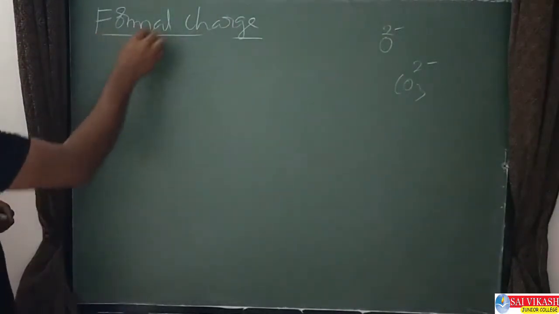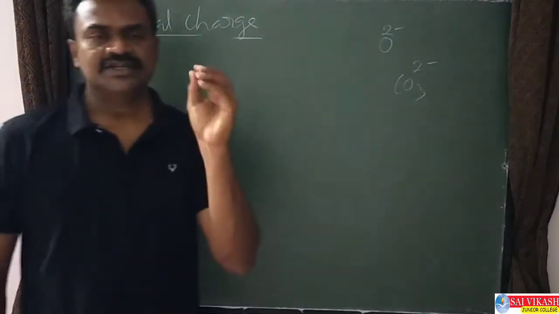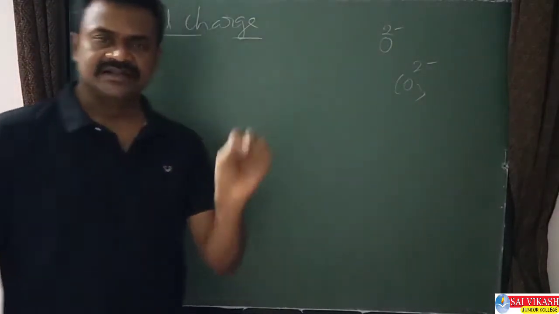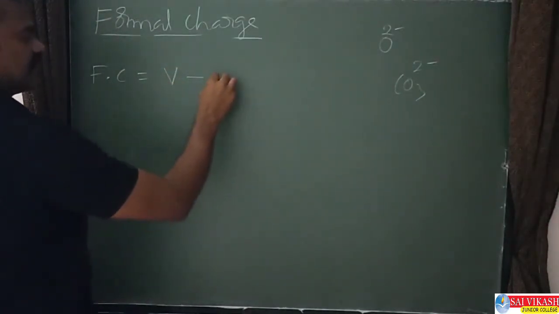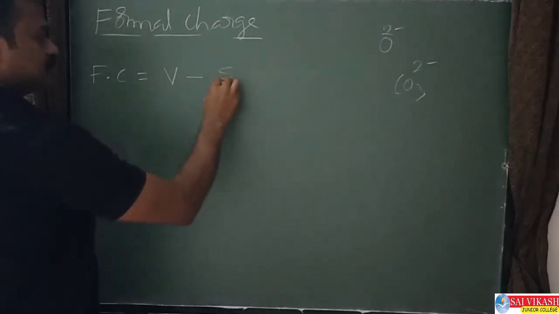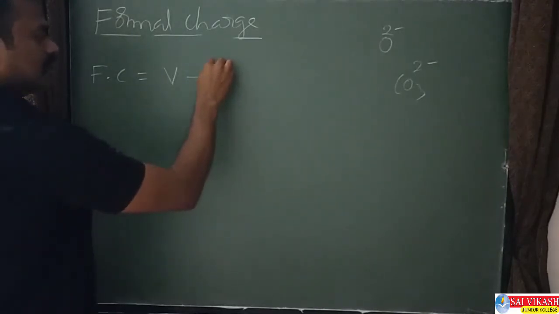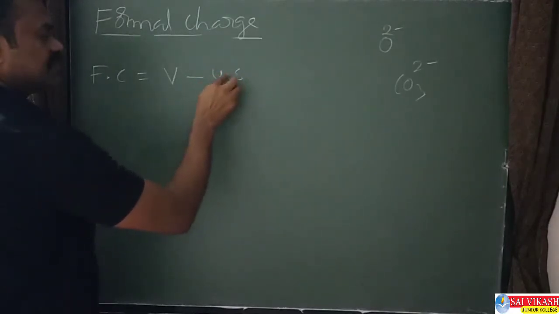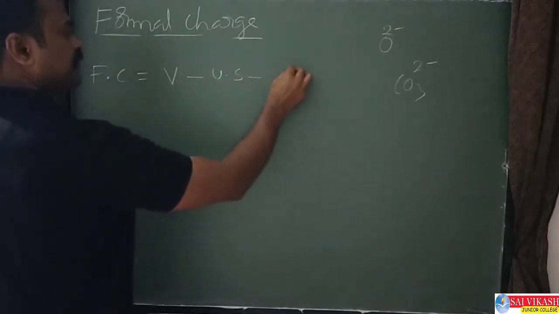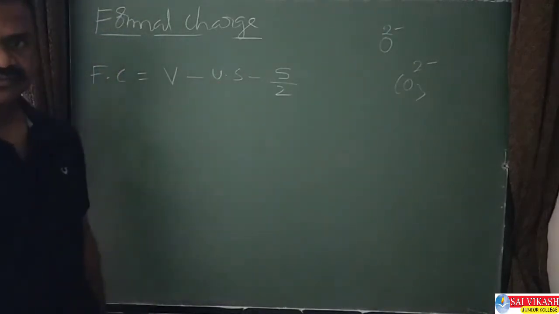The formal charge has one formula. See this. Formal charge, Fc, of the individual atom present in the ion is equal to V minus US minus S by 2.